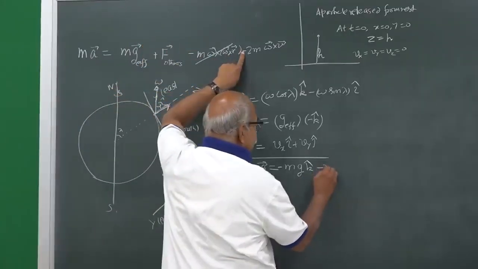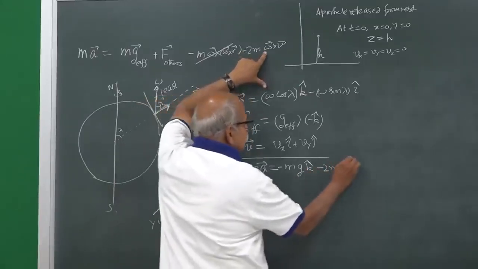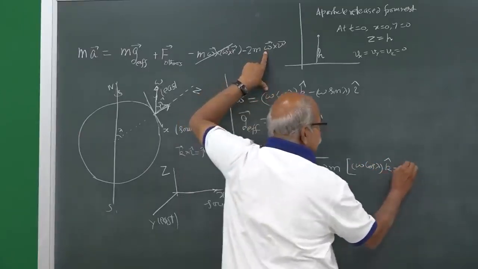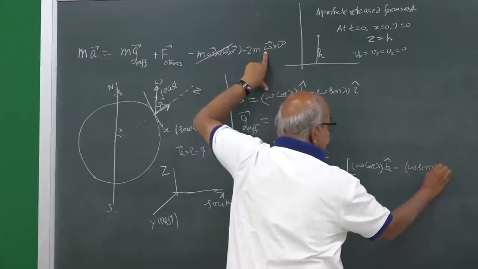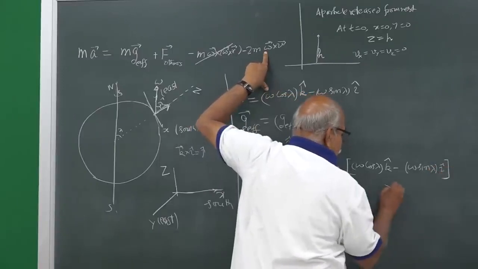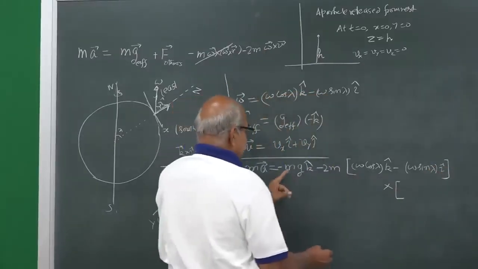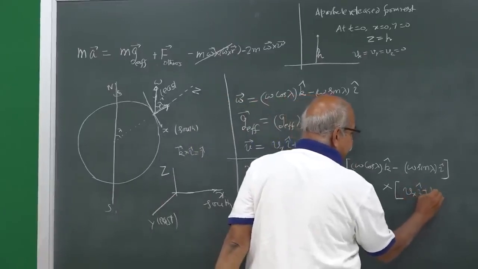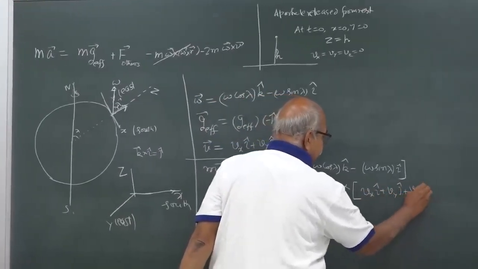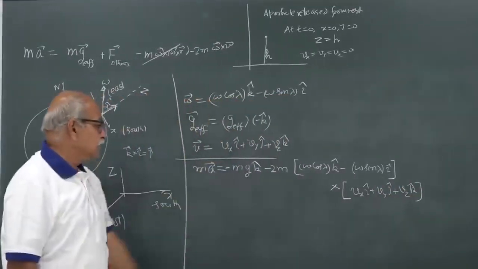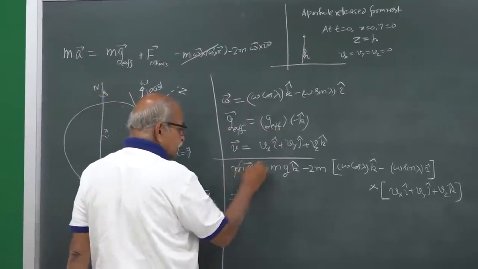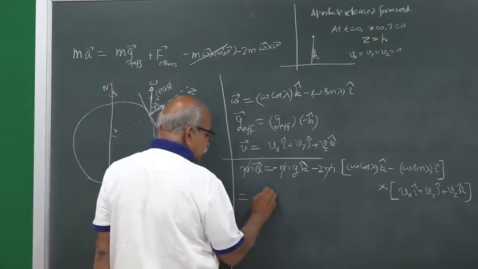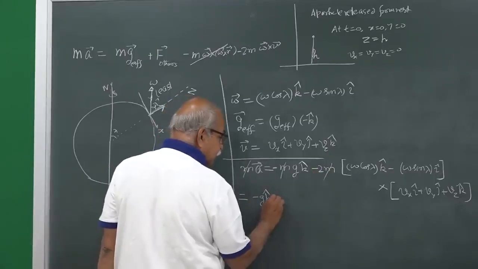Then minus 2m, omega vector is omega cos lambda k cap minus omega sin lambda i cap, cross V, where V is Vx i cap plus Vy j cap plus Vz k cap. Let us do this cross product. The m cancels from everywhere, so a is equal to minus g k cap, and then this minus term.